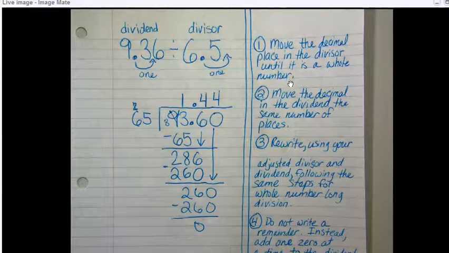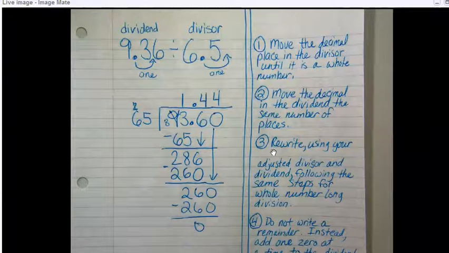And so the first step is to move the decimal place in the divisor until it's a whole number. And so with this 6.5, we only need to move it once, or one place over, to make it a whole number. So it goes from 6.5 to 65. Then move the decimal in the dividend the same number of places. So since this moved one place, this one also only needs to move one place, from 9.36 to 93.6.